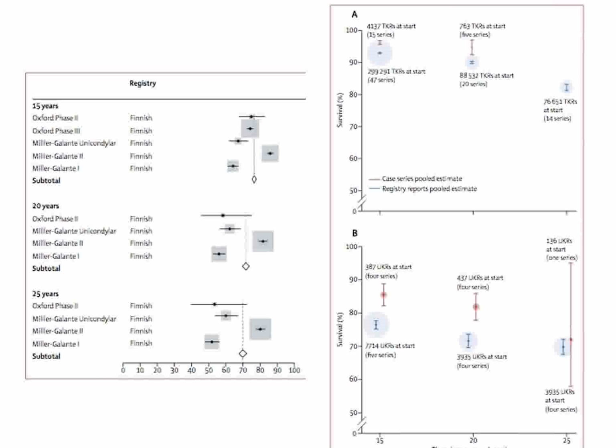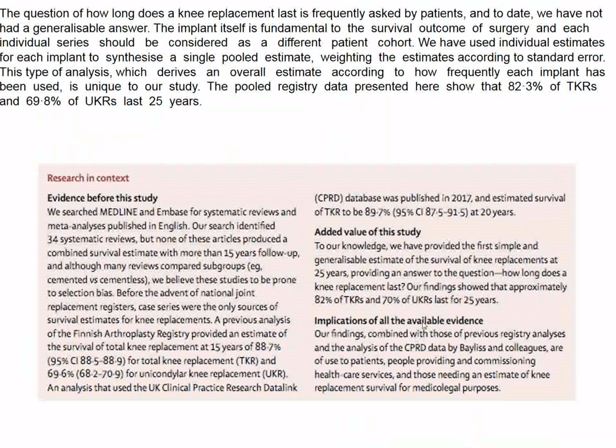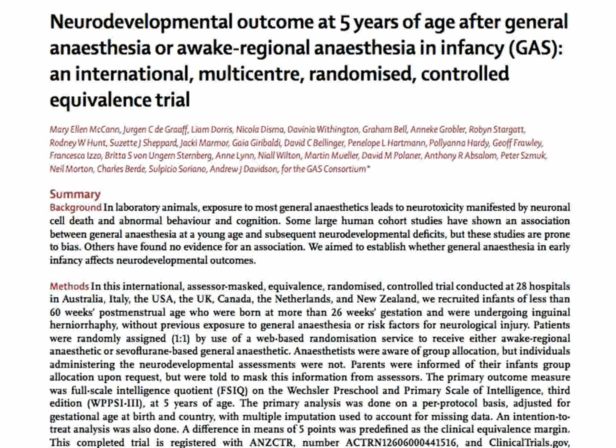And what we see here is that after 20 years, and knee replacement hasn't been around quite as long as hip replacement, the survival of the replacement looks pretty darn good at 70%, and at 25 years it's about 70%, so knee replacement does as well as hip replacement. So I think we can encourage our patients to undergo these operations, and that the long-term prognosis of these replacements is pretty reasonable.